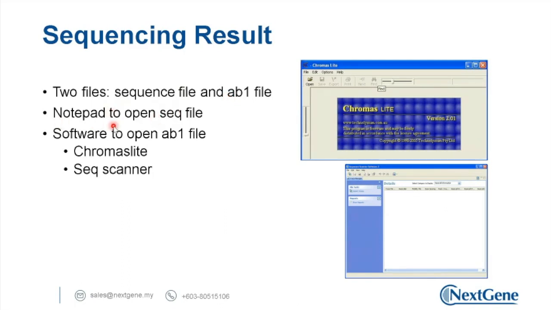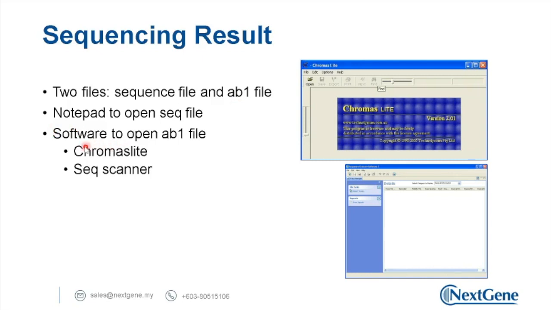For the txt file, you can just use a normal notepad or Microsoft document or any document program to open it. Once you open it, you will see all those ATCG or N. For the AB1 file, to open it we will need additional software.